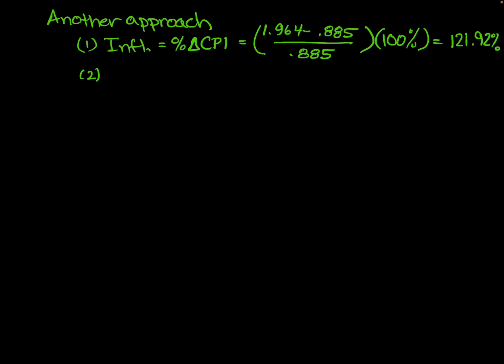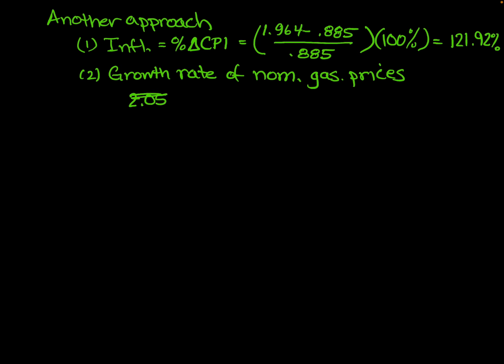We could compare that to the growth rate of nominal or actual gas prices. So the price was $2.50 per gallon in 2005, minus $1.42 in 1981. Divide that by $1.42 in 1981, and again express it as a percentage.